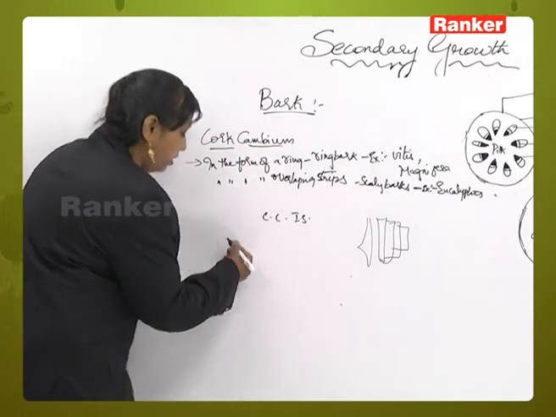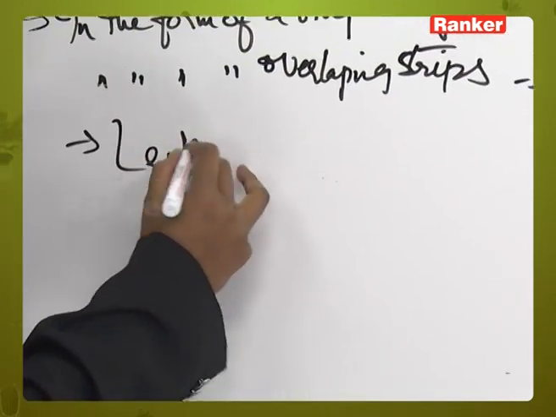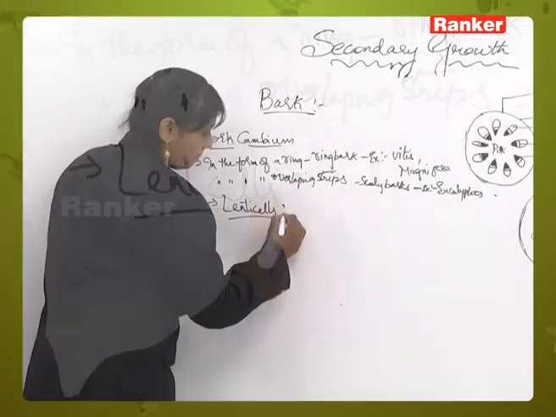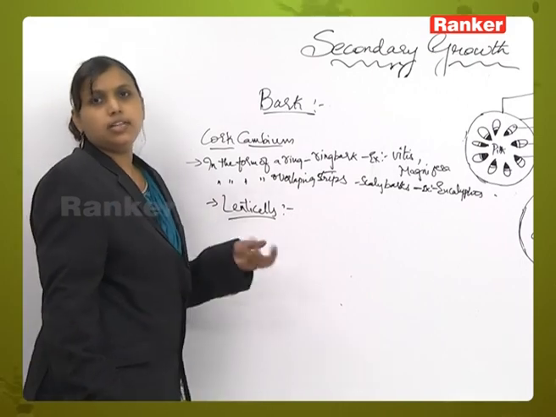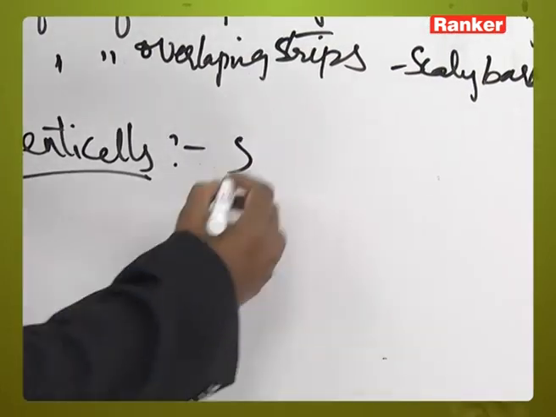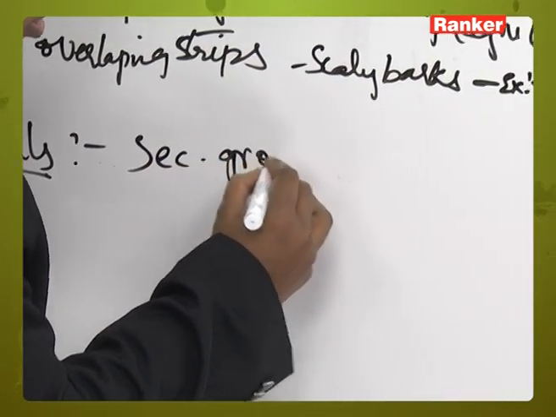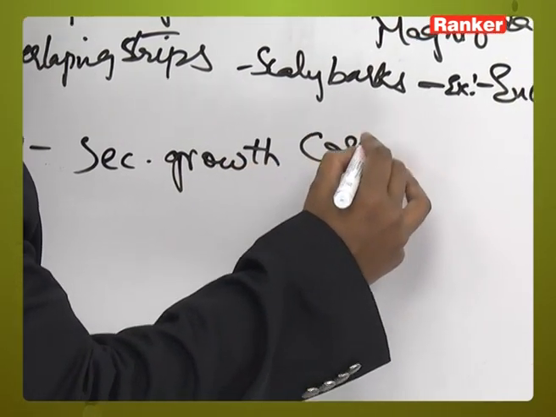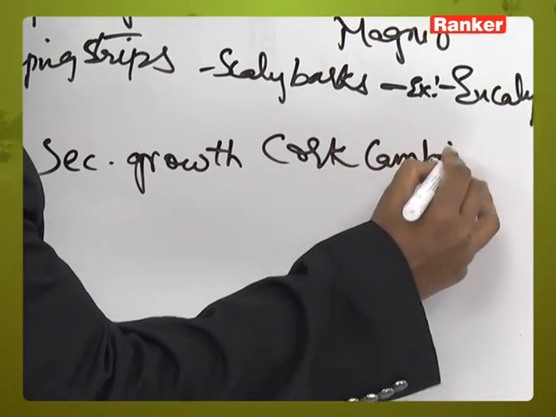Next we will talk about lenticels. Now, what are lenticels here? In secondary growth, you will see the presence of cork cambium. So, what is happening here?